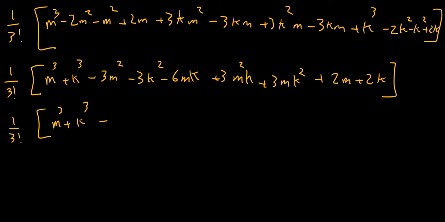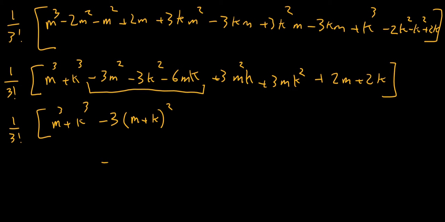we can factorize. Now, can everybody see that this can be written as, we can factor out 3 and then get an m plus k squared?